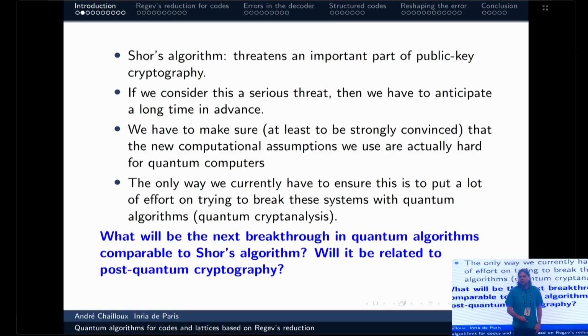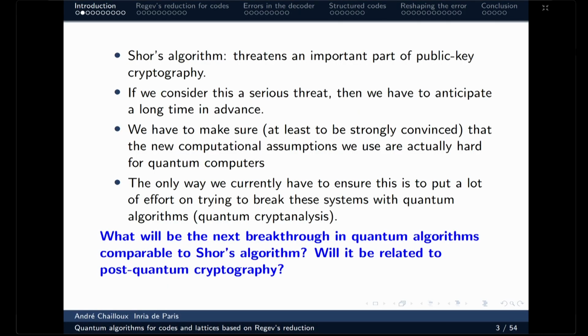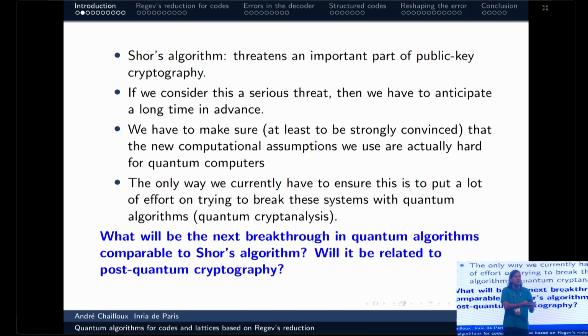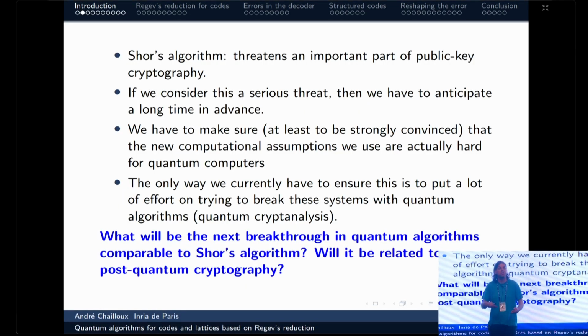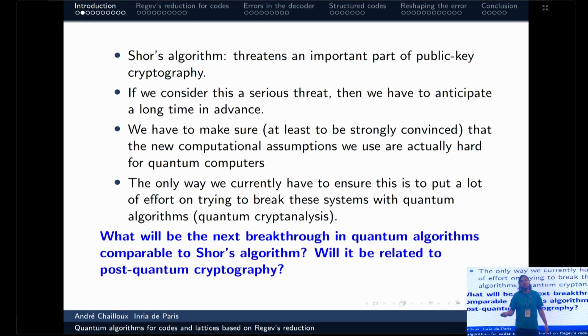So now we have to commit to other computational problems on which we build cryptography and that we believe are hard for quantum computers. We don't want an equivalent of Shor's algorithm for these other problems in a few years, otherwise all the effort goes down to nothing and we have to start from zero. Ideally, we'd like complexity theorems that say this problem is hard for quantum computers.